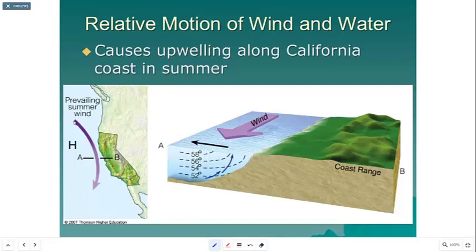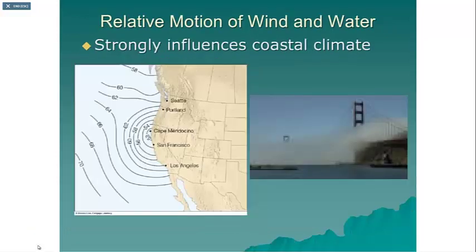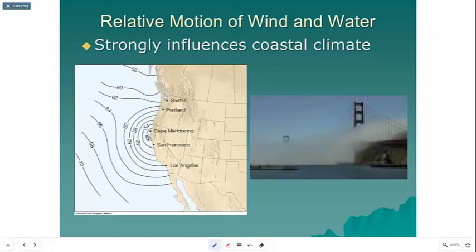So what's going on is the California current is rotating in this direction, and even though the current's moving like this, the mass movement of the water is going to be from near the shore to offshore. With that occurrence going on, the colder water must come up from below to replace the water that is moving off in this direction.